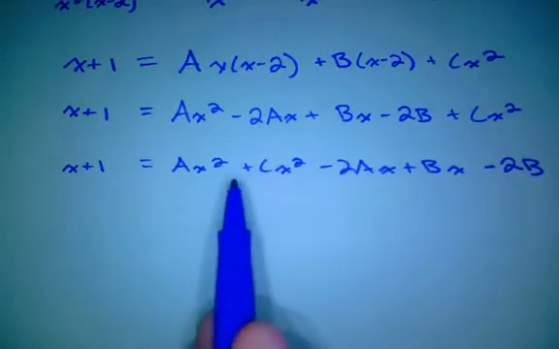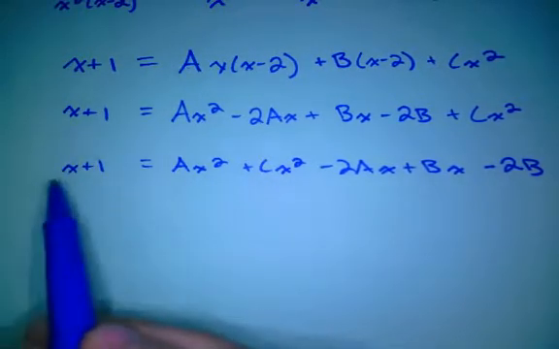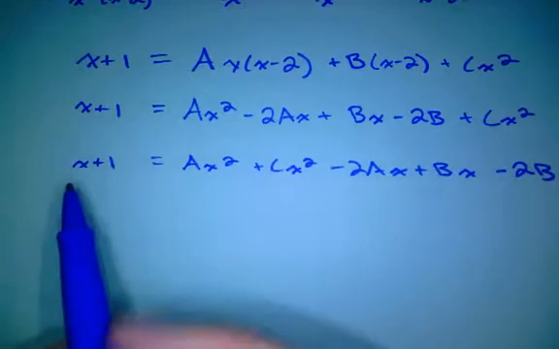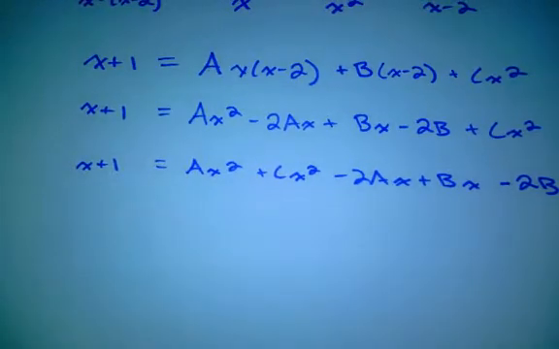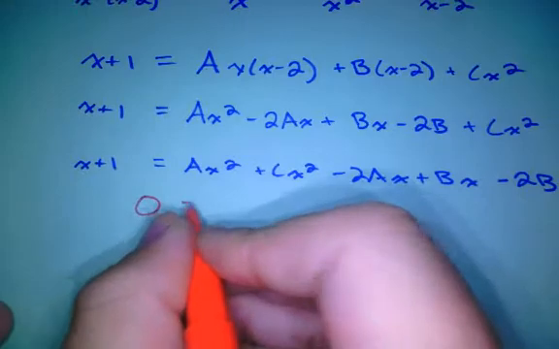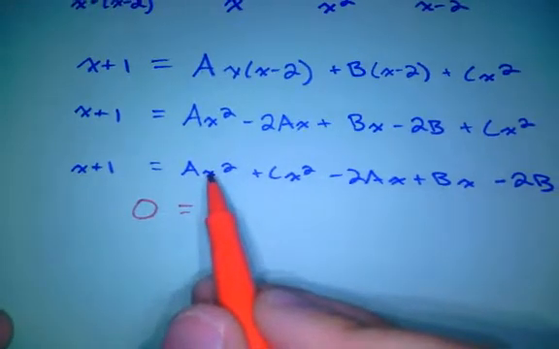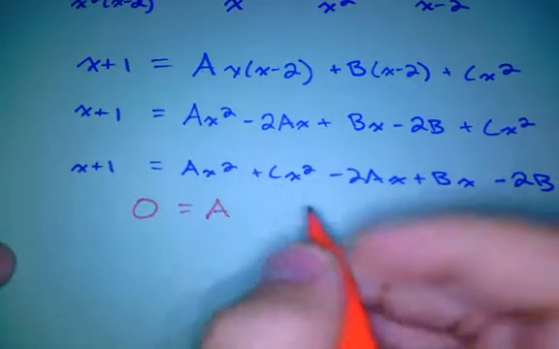Okay, let's go ahead and organize this. So for the x squareds, on the left-hand side, how many x squareds do I have? I have none. So I'm going to do this step in red. So I'm going to have 0, this is for the x squareds, equals, what's the coefficient of the first x squared? Coefficient of the next x squared.